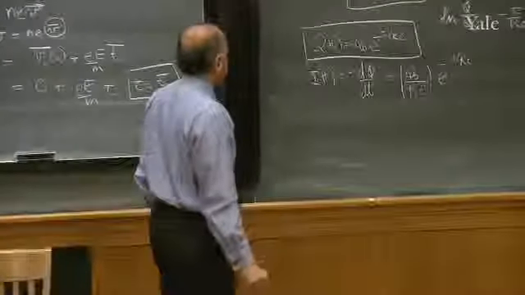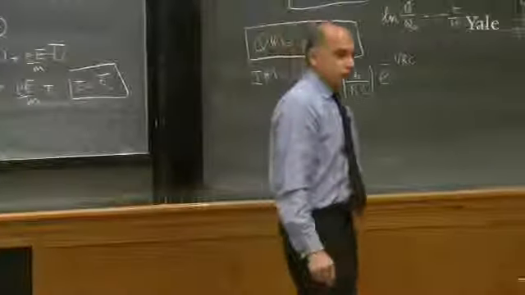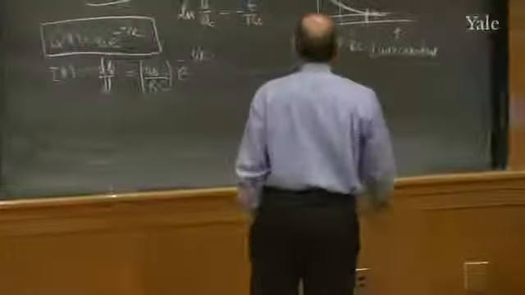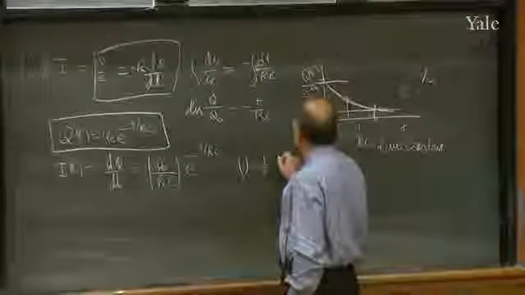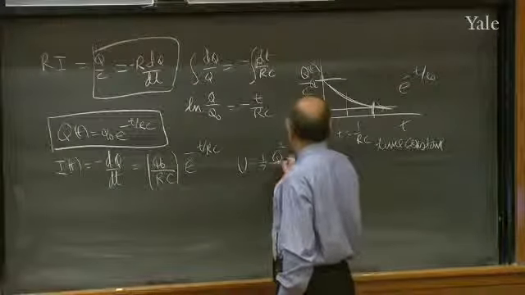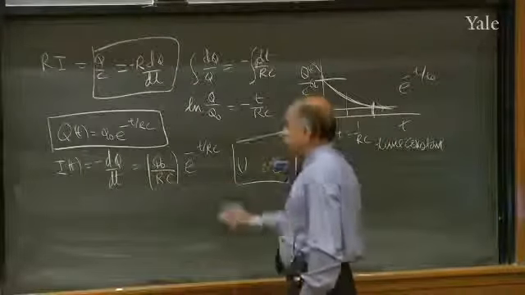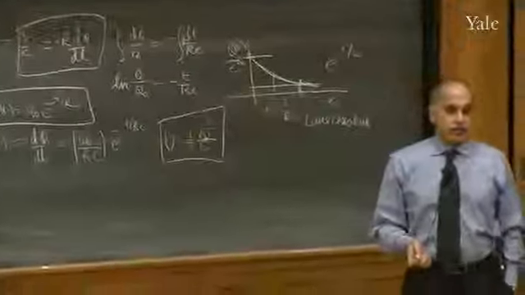Now there's one calculation I want to do, which is the energy calculation. If I had a capacitor that was charged, I had an energy 1/2 CV squared, or if you want, Q squared over 2C. At the end of the day, my capacitor is completely discharged.